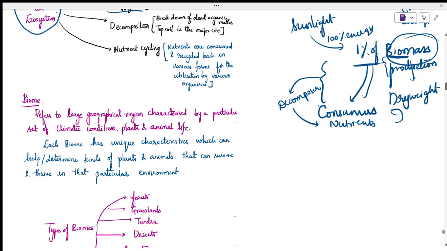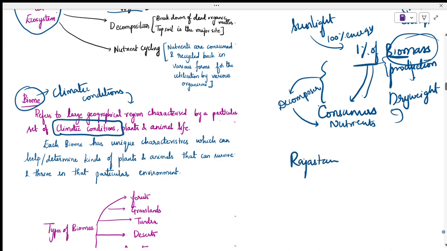upcoming lectures. Then biome, I told that it is a geographical region characterized by a particular set of climatic conditions. So whenever biome comes in the question paper, just remember climatic conditions in a particular geographical region. For example, Rajasthan will be having a desert.